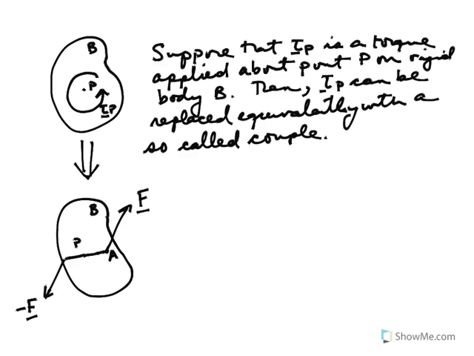We're going to call these points A and B. And we're going to call the vector that goes from P to A rho. And then the vector from P to B is going to be negative rho.